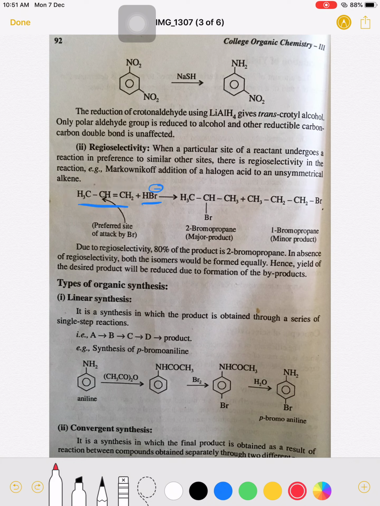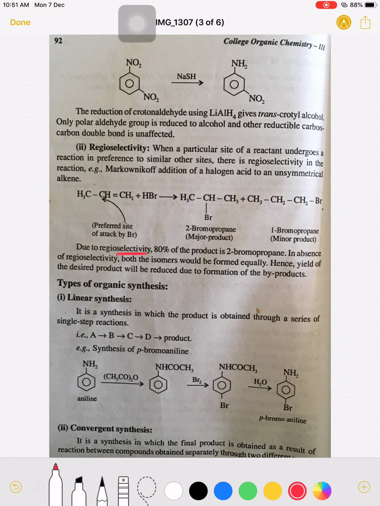This carbon has only 1 hydrogen, but this carbon has 2 hydrogens, so bromine adds to this carbon, therefore it is the major product. This is known as regioselectivity.